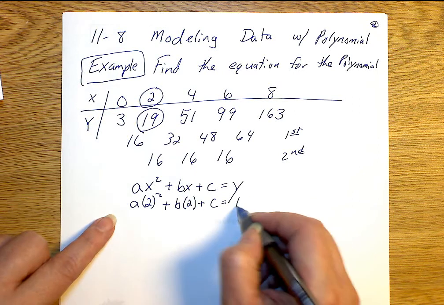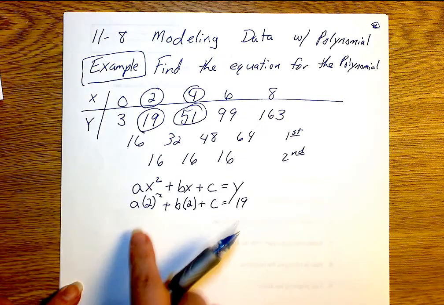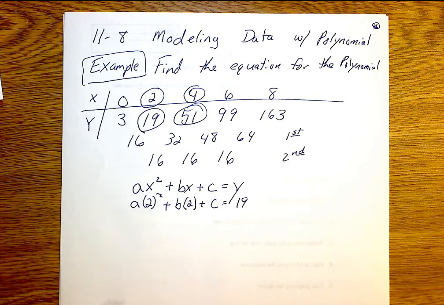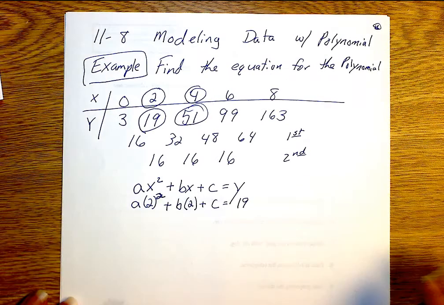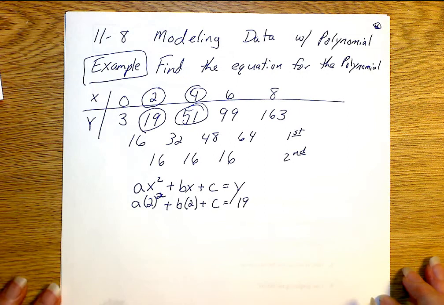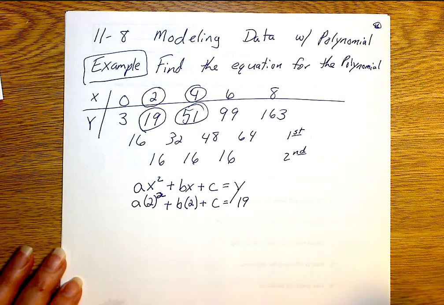Now I want you to take 4 and 51 and give me a sentence. So Jacob, what's your sentence?